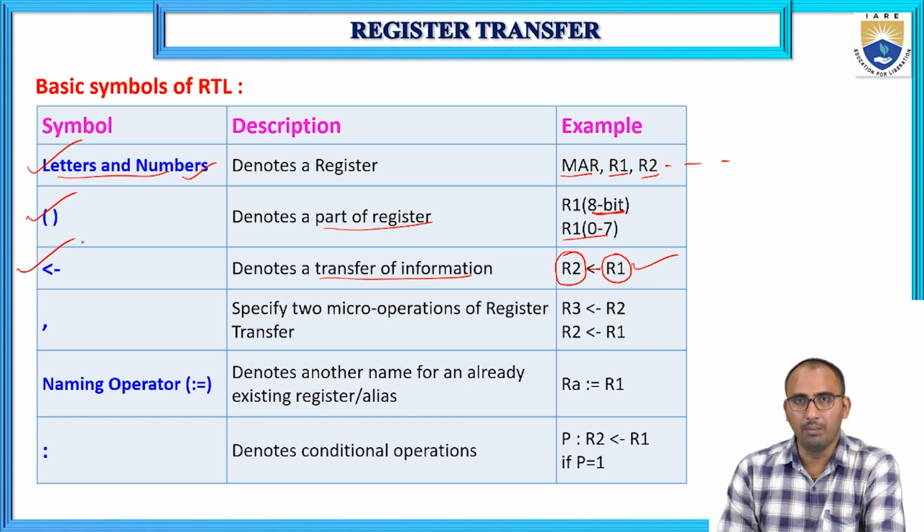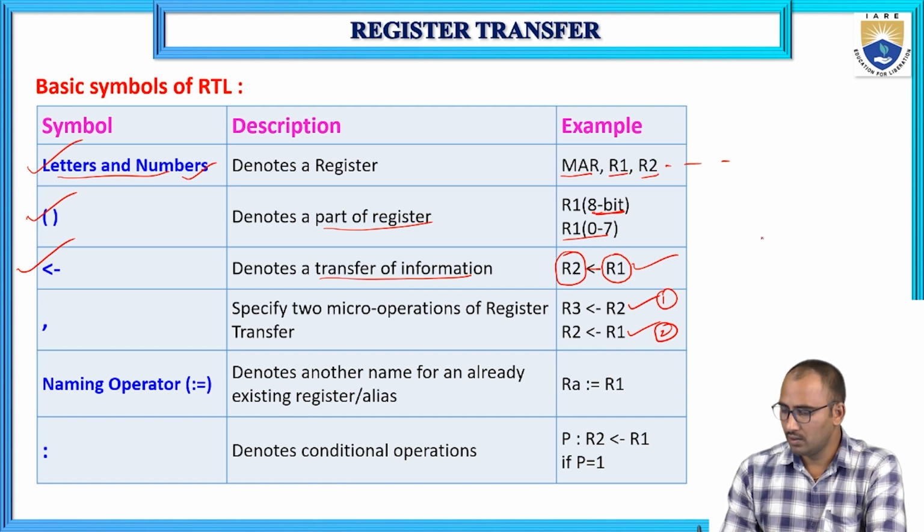And next one, comma. It specifies two micro operations of register transfer at a time. Suppose we have two micro operations, this is one micro operation and this is another micro operation. These two different micro operations we can specify at a time by using this comma.